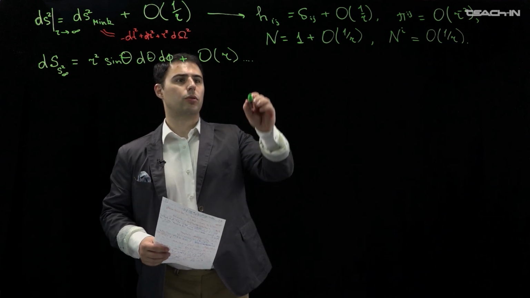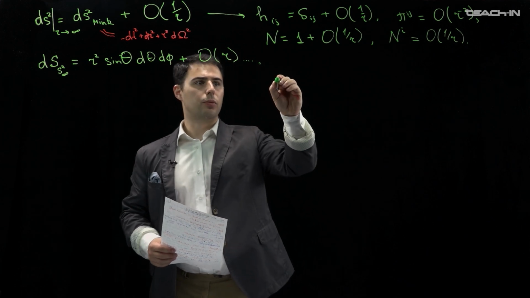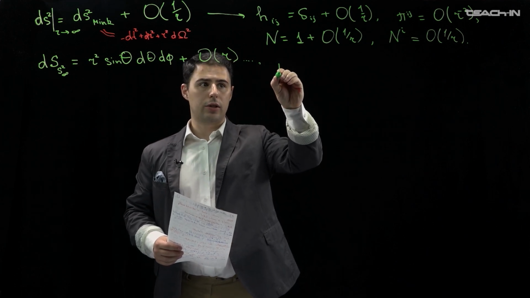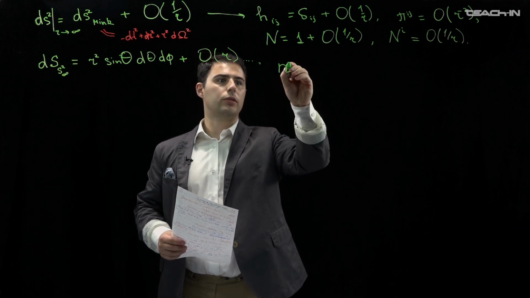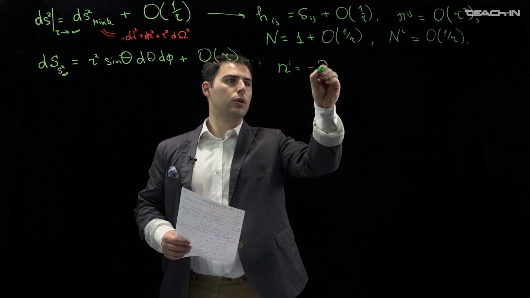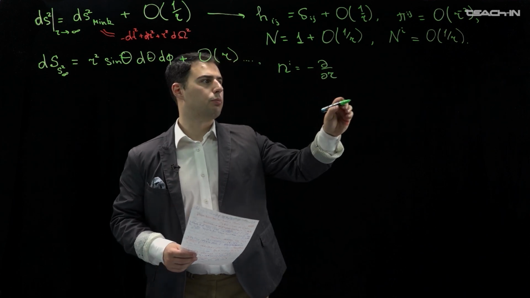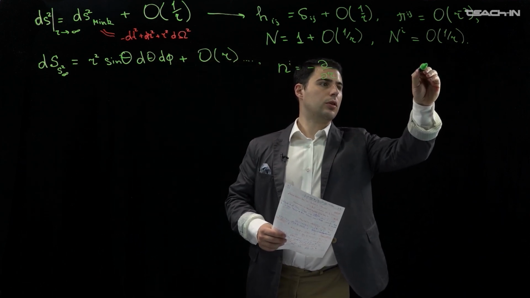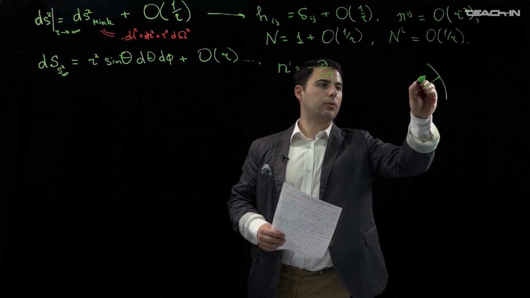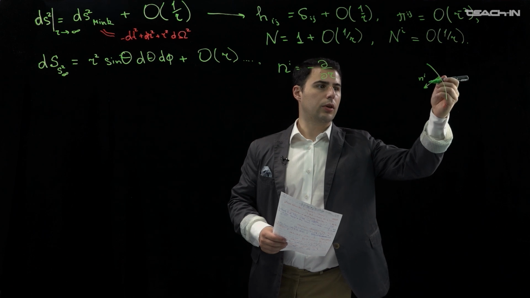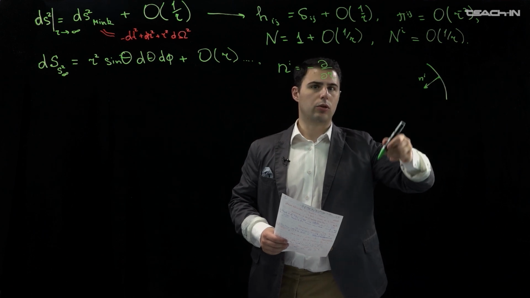Finally, let us also write the normal to the asymptotically flat end as n^i equals minus d over dr, so that we have the metric at infinity and we have n^i, the inward-going normal.